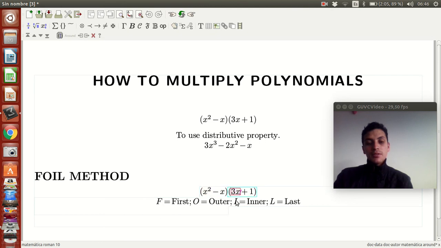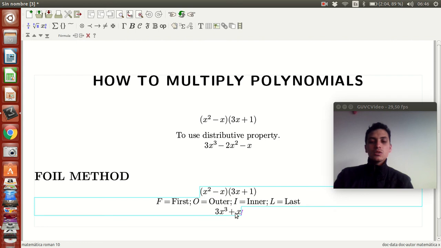X times 3x. X times 3x is 3x to the third power. O stands for outer, so x squared times 1 will be plus x squared.